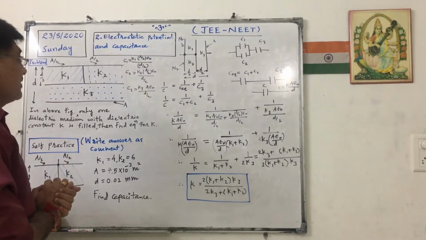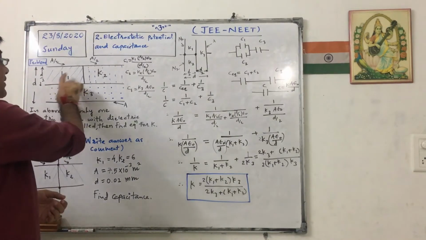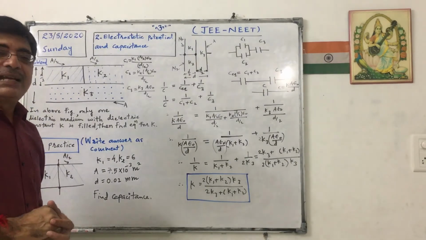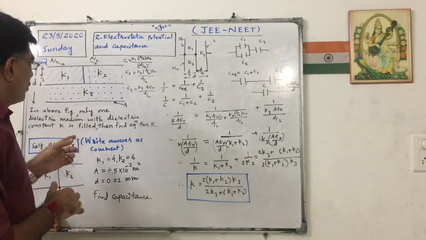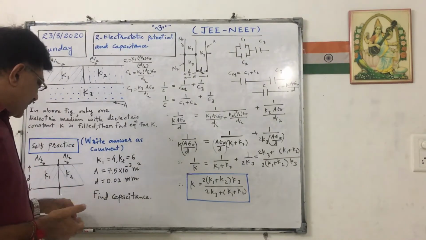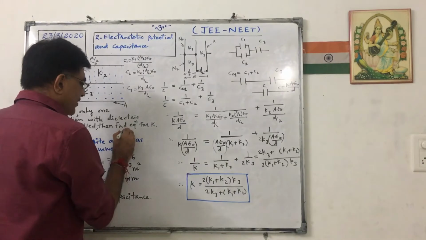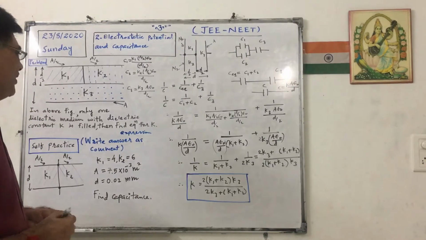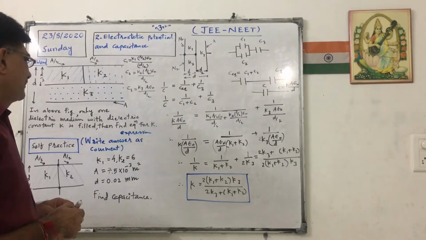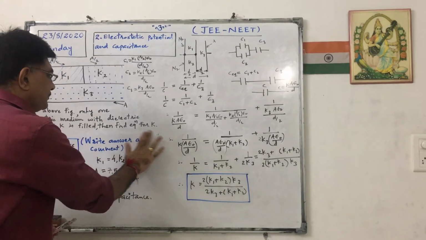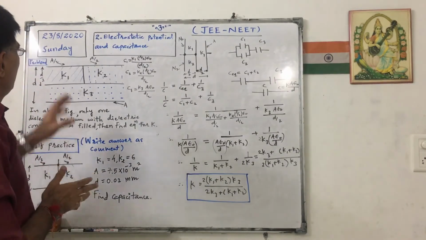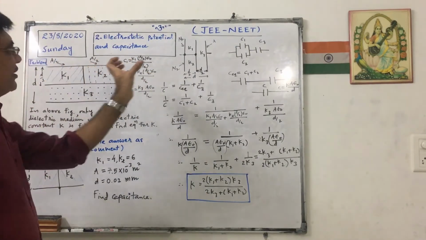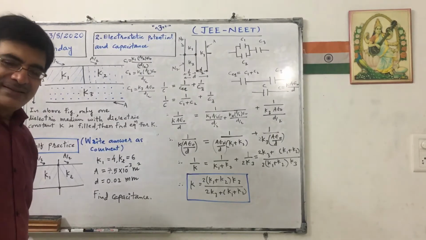Now what is asked is that if we replace all these three media by a single medium having dielectric constant capital K, we have to obtain an expression for K. First of all, let us draw this figure again, making the horizontal one vertical so we can understand better.